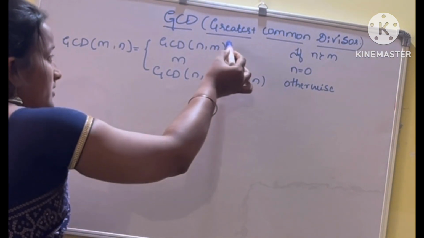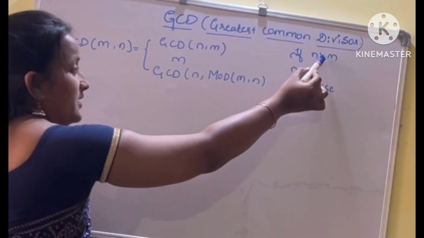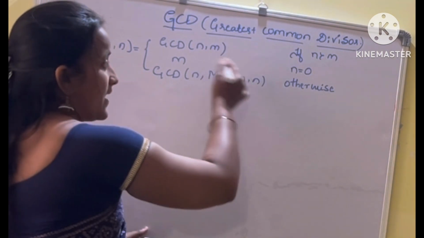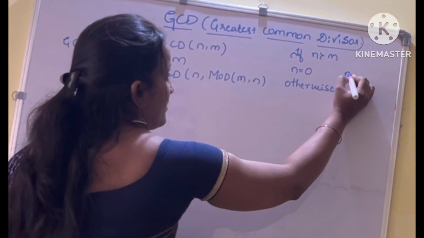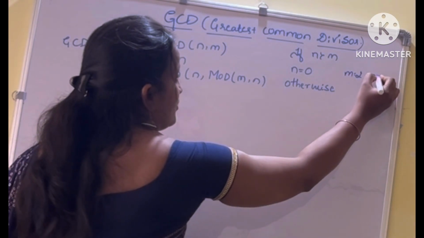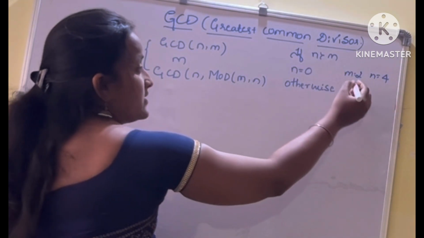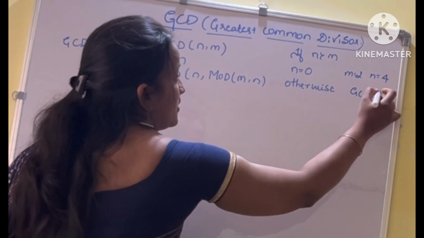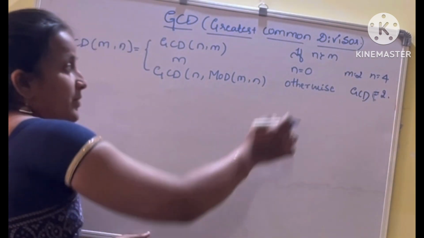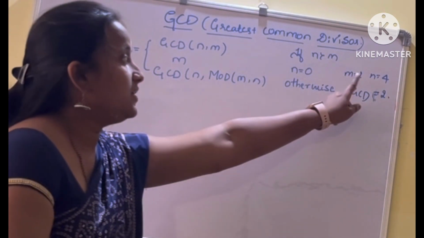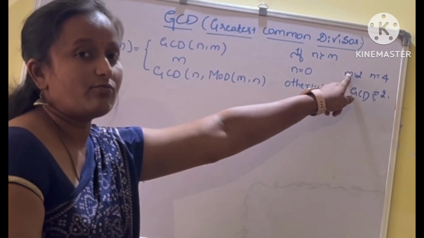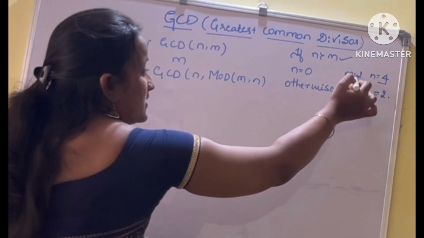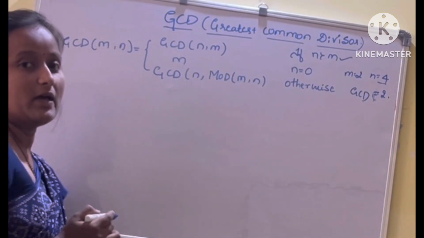The first condition is: if n is greater than m. As in the earlier example, where m is 2 and n is 4, we got the GCD of 2 and 4 as 2. That was the condition of n greater than m. If n is greater than m, we apply the first formula.